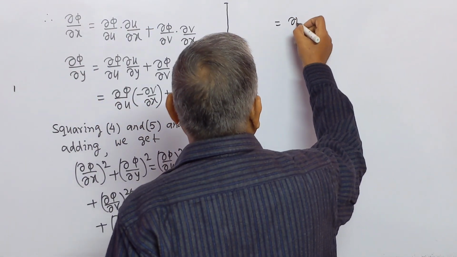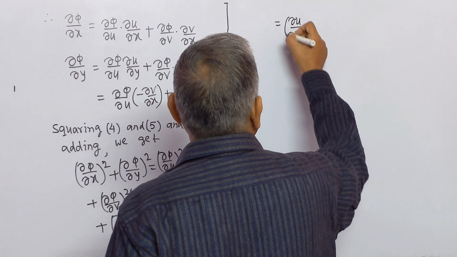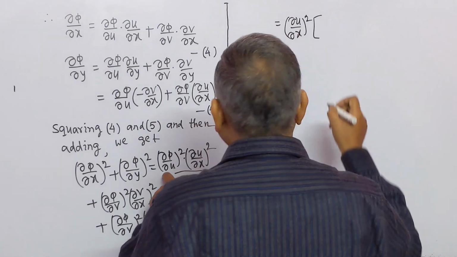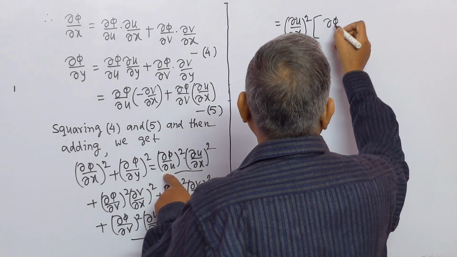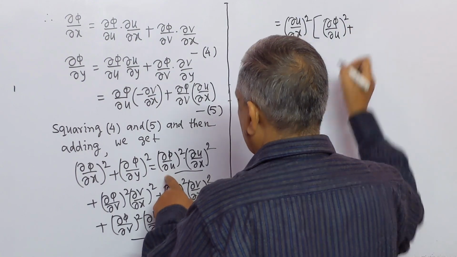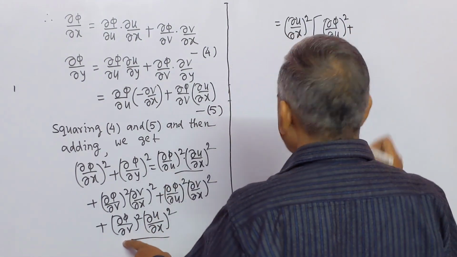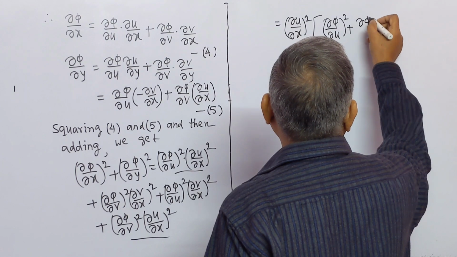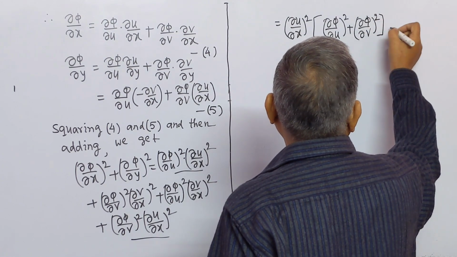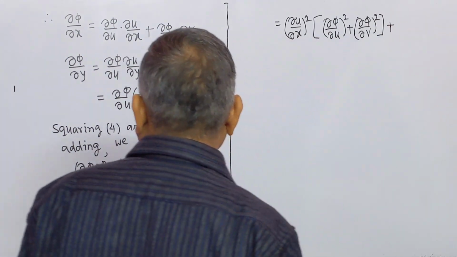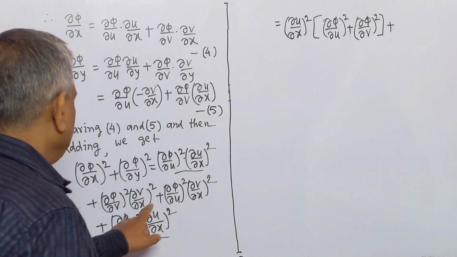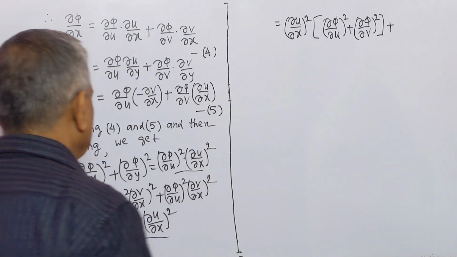Del u by del x whole square common, remains here del phi by del u whole square plus del phi by del v whole square, plus we take common del v by del x whole square from this term and this term.